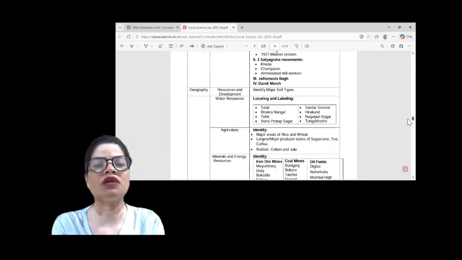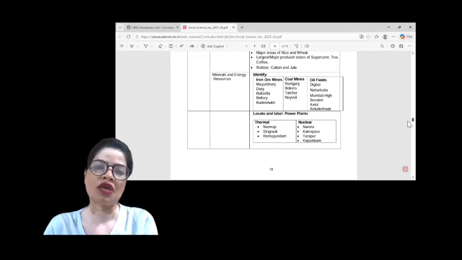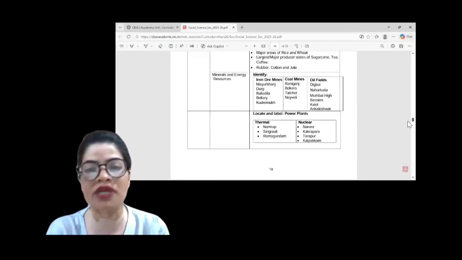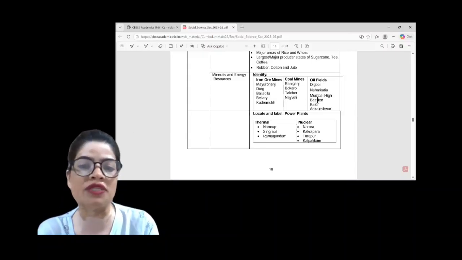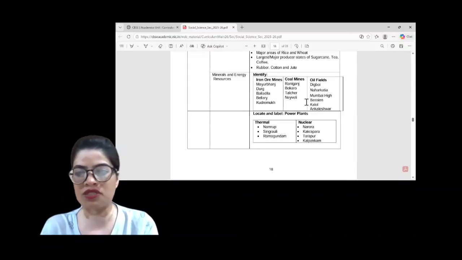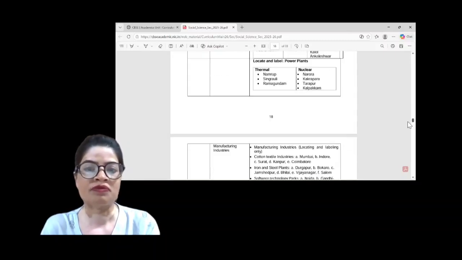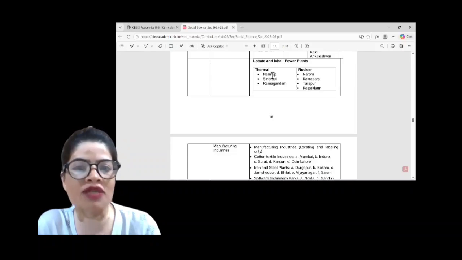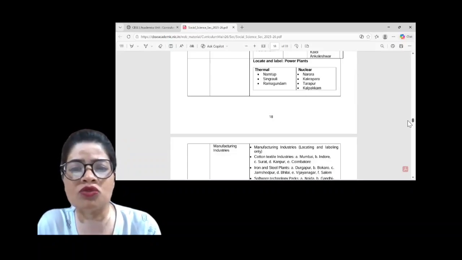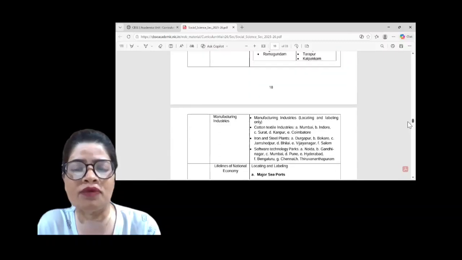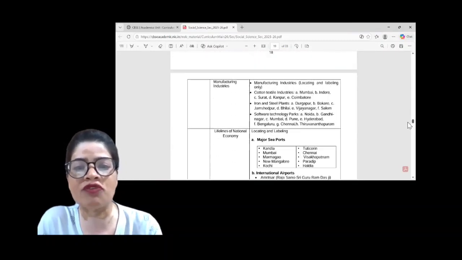Okay, mineral and energy resources. You have to learn about iron ore mines, coal mines, coal oil fields. Nowadays we are having shortage of oil because of the war. Then we have these power plants, thermal and nuclear. These are very, very important topics and map pointing things which we have to practice.